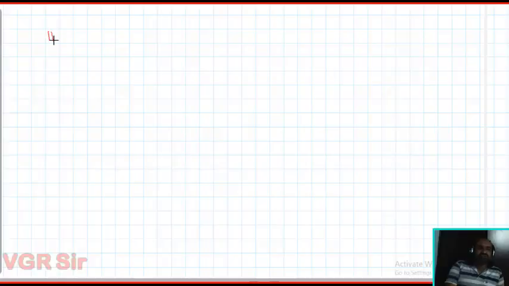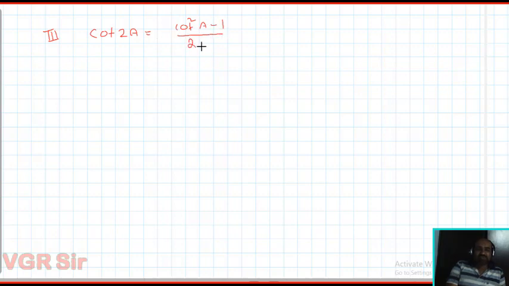Third result, that is about cot 2a. Cot 2a equals (cot square a minus 1) by 2 cot a. Actually, by using sin, cos, tan you can solve all problems. No need for cot, sec and cosec, but sometimes you need to use cot. That's why.